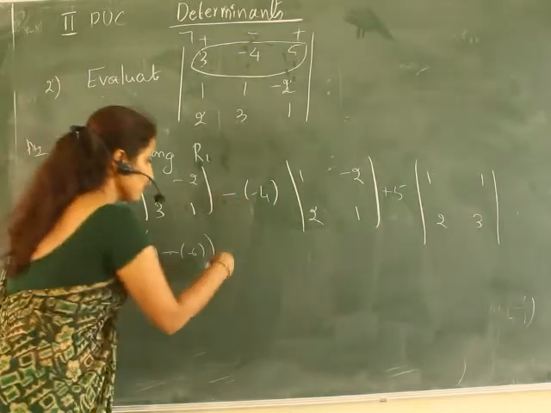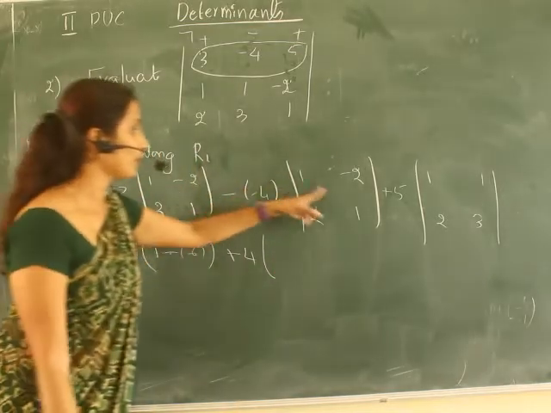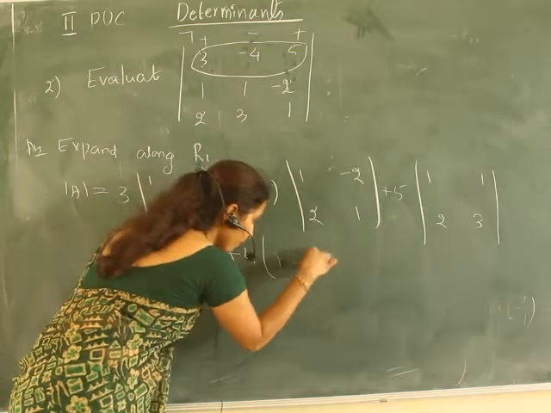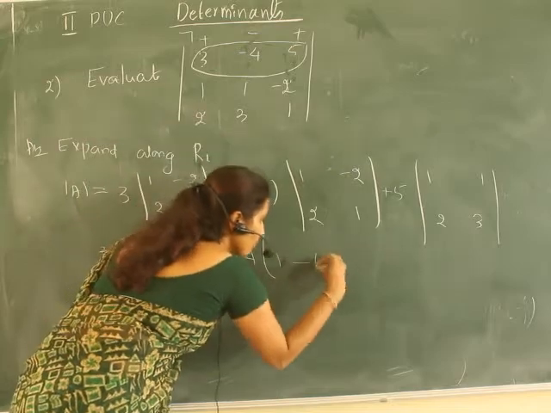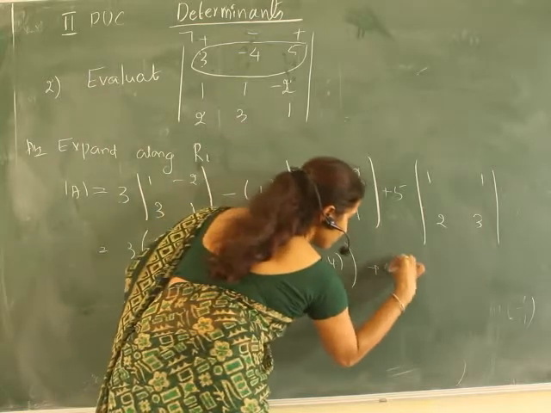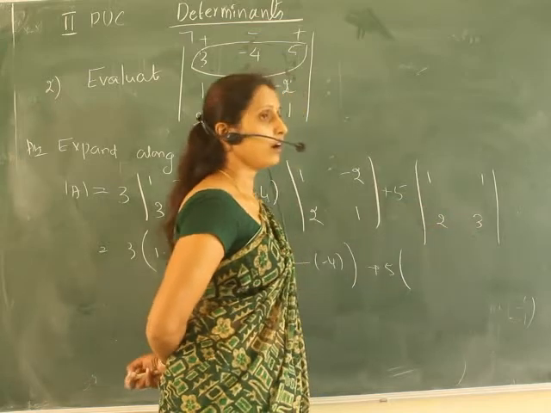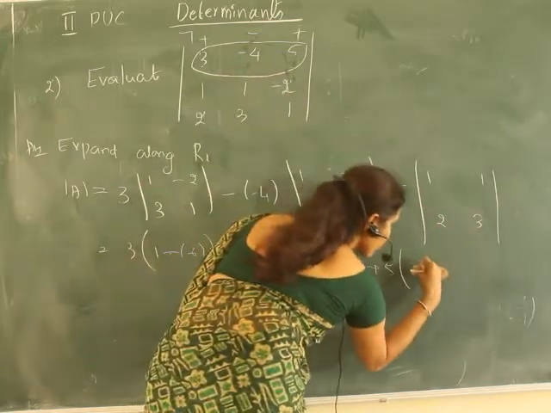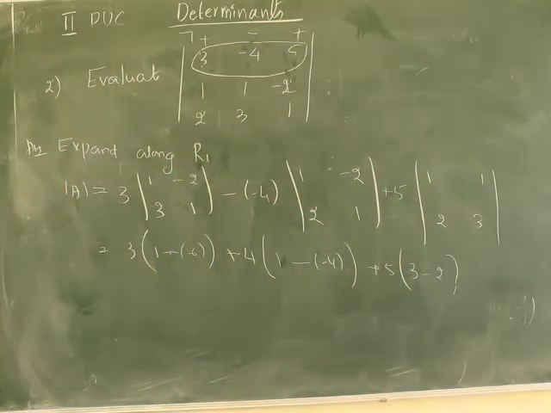So again minus into minus is plus. 4 into, so 1 into 1 is 1, minus, that is from the determinant, minus 2 into minus 2 is minus 4, plus 5 into 1 into 3 is 3, 2 into 1 is 2. So 3 minus 2. So I have expanded along R1.